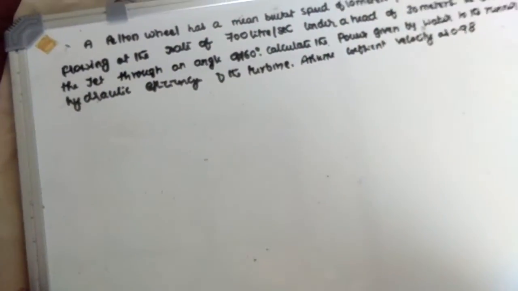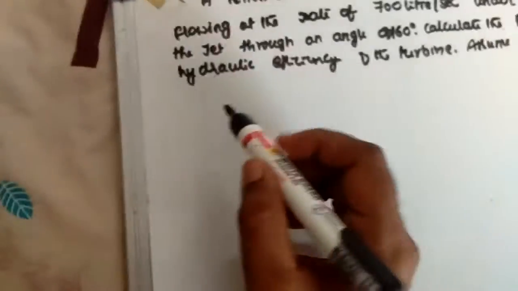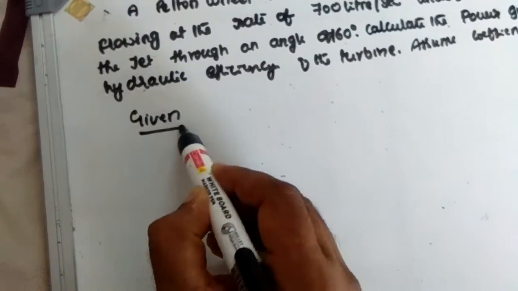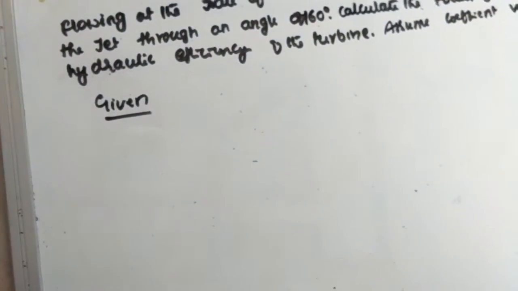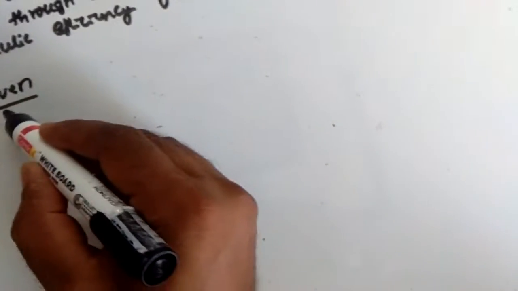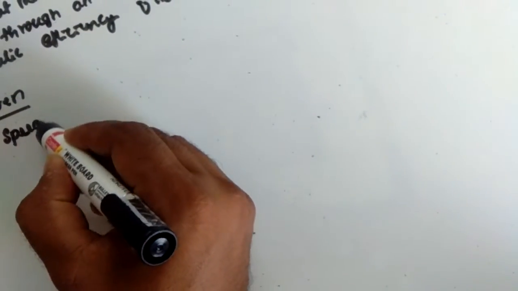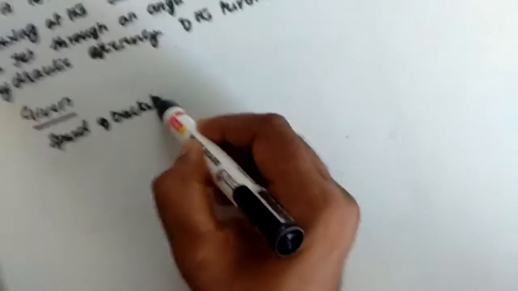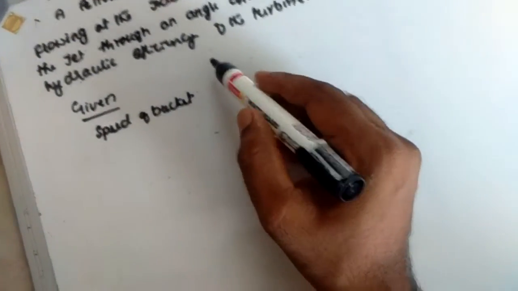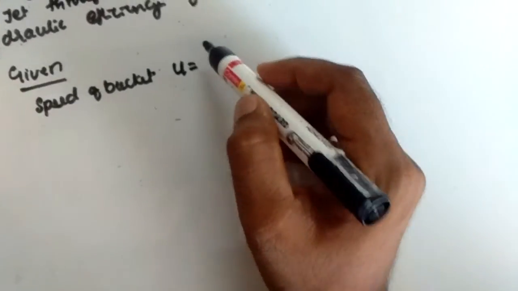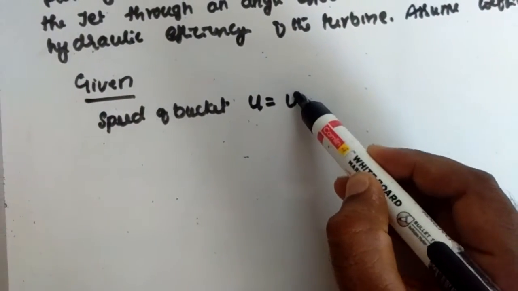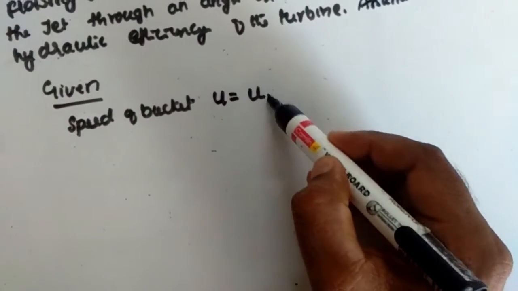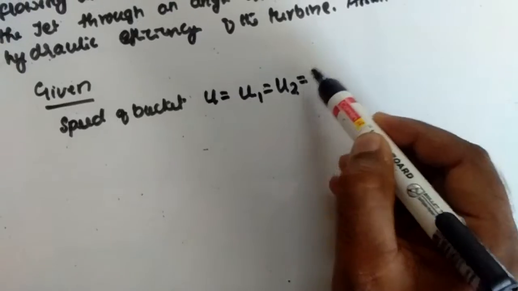First we need to write the data they have given. The speed of the bucket: we always know that u is equal to the initial velocity u1, and after it strikes, it is all the same.